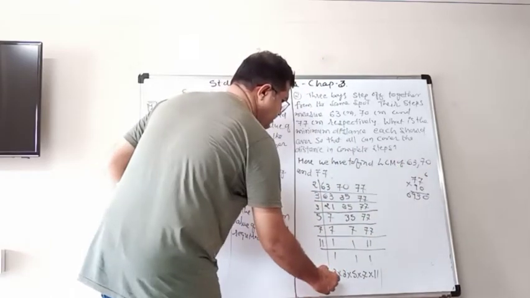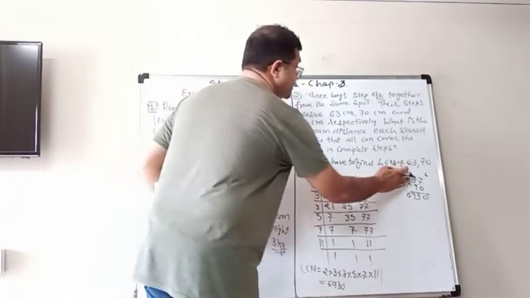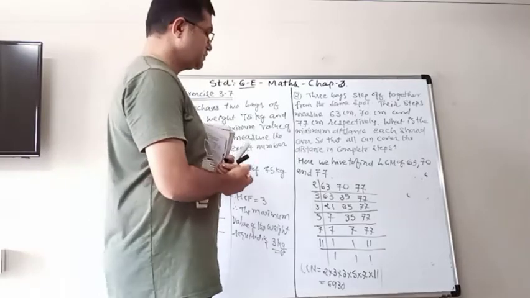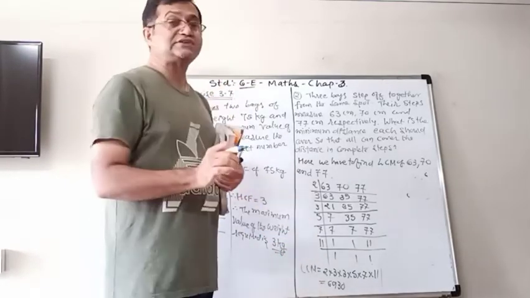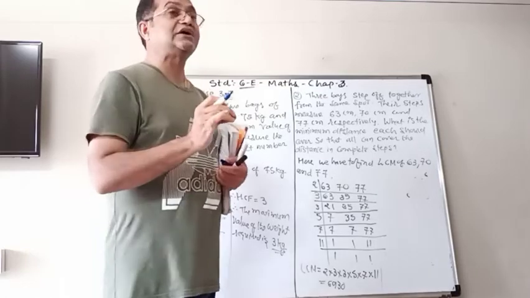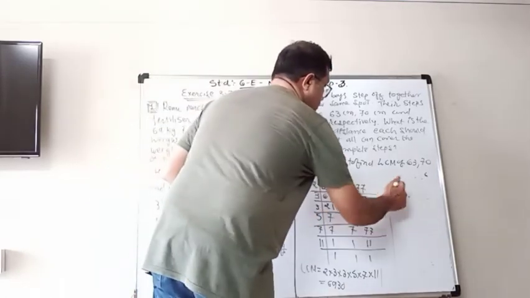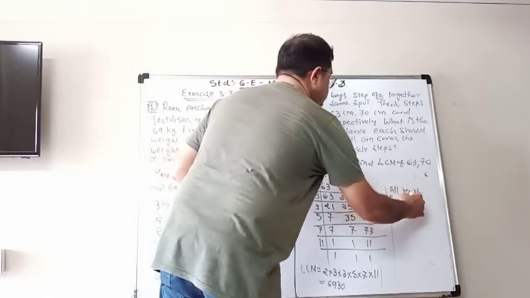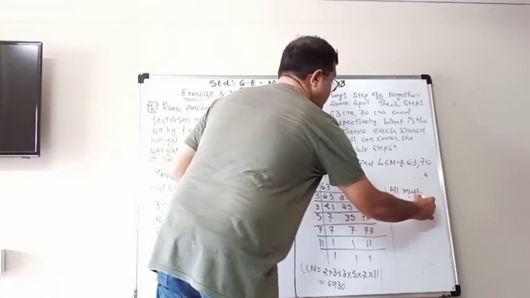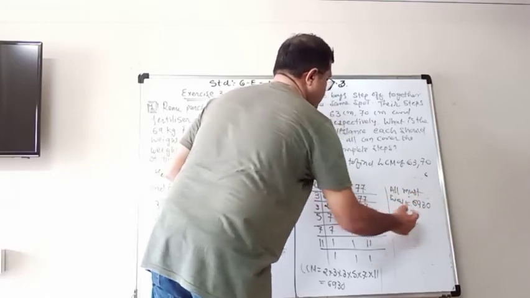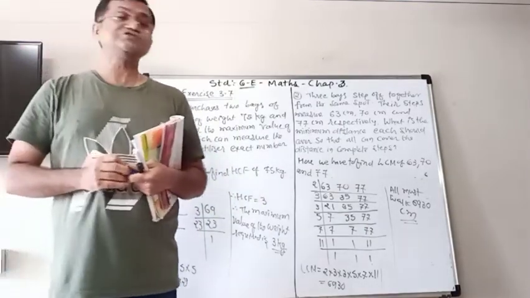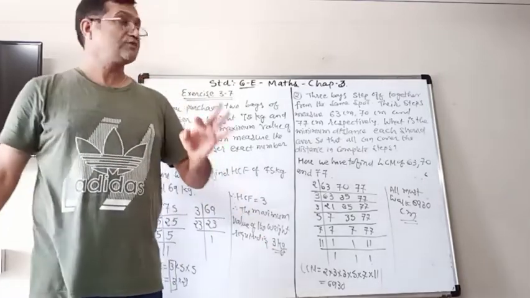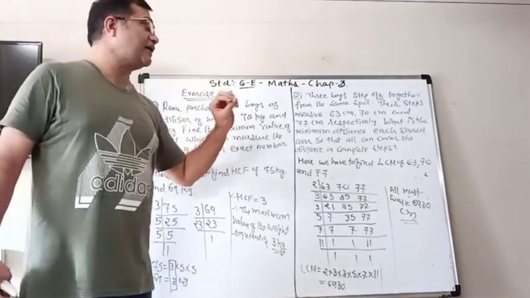So the LCM is 6930. It means that the minimum distance they should cover is 6930 centimeter. Everybody must walk 6930 centimeter.